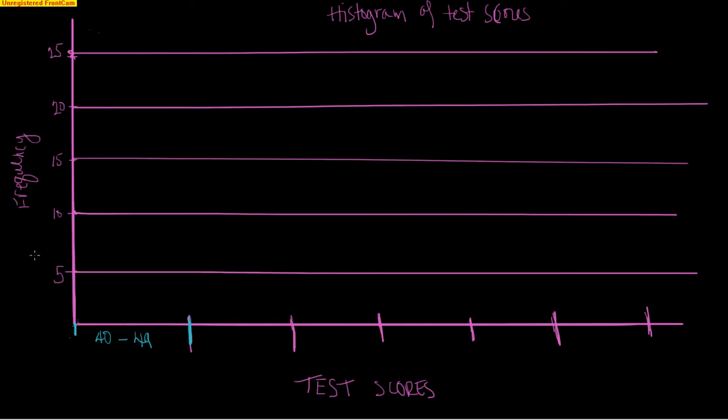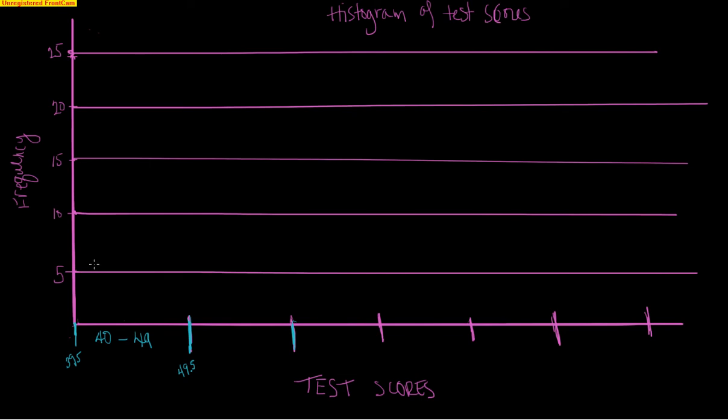And our first boundary was that 39.5. Sometimes you see these in histograms and sometimes you don't. I wish they would put them on, but when you use Excel and things like that, they're often not there. But I think it's a great idea to always mark those class boundaries.